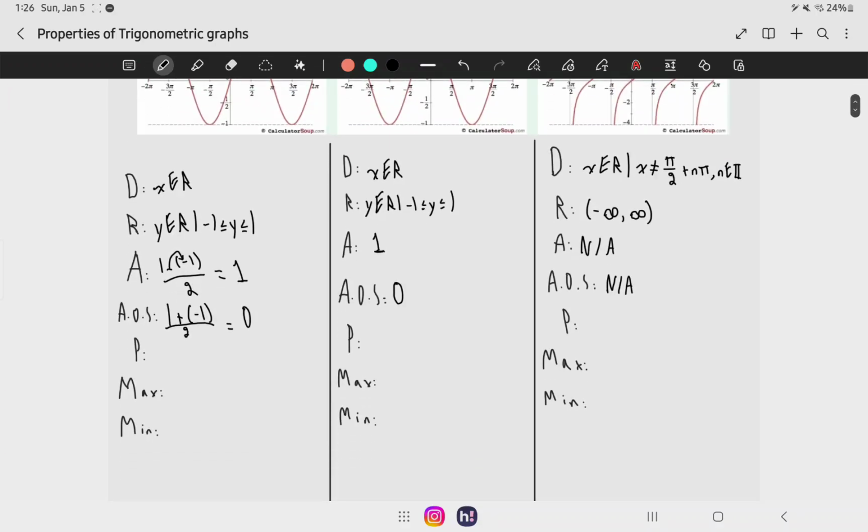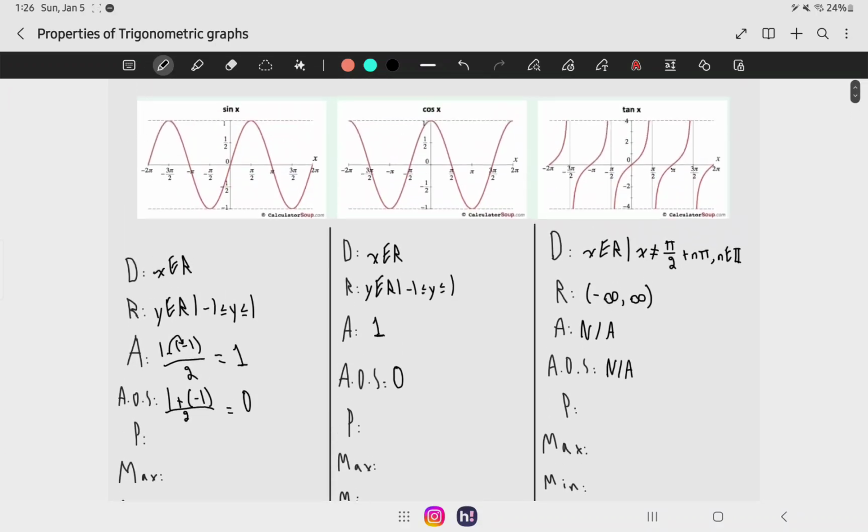All right, next for p, the p is going to represent the period, and to find the period on a graph, you can mainly just look at the function if it's an easier function.